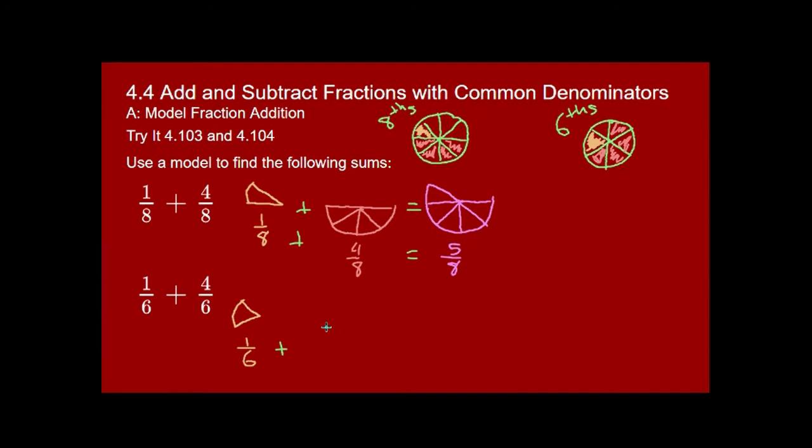So that takes up almost the rest of it. So all the way around to the top like this. And that's 4/6. Okay, so we have 1/6 plus 4/6. Now we're going to put them together into one shape.